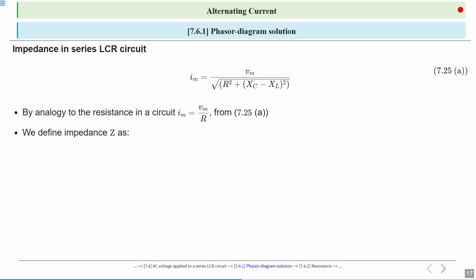From equation 7.25a, we define impedance: this term is known as the impedance of the circuit. So Z equals root of R square plus (XC minus XL) square, marked as equation 7.26.